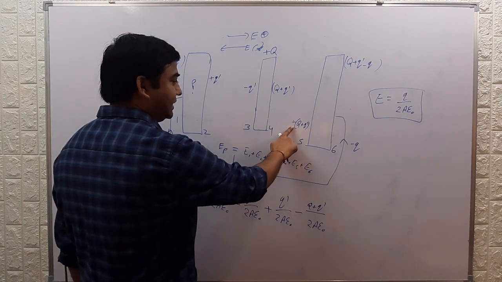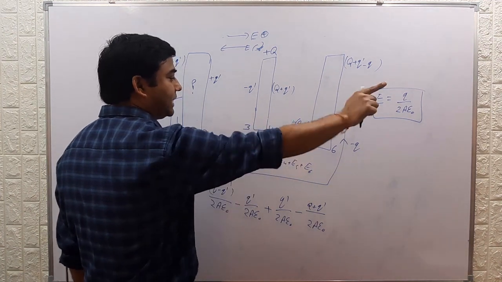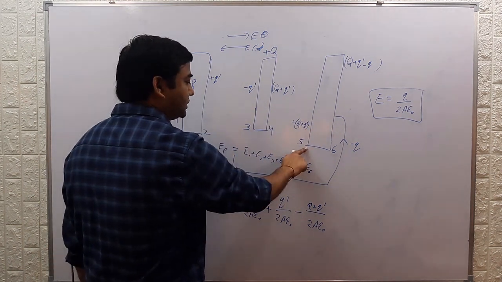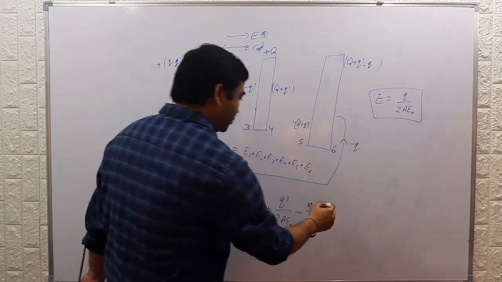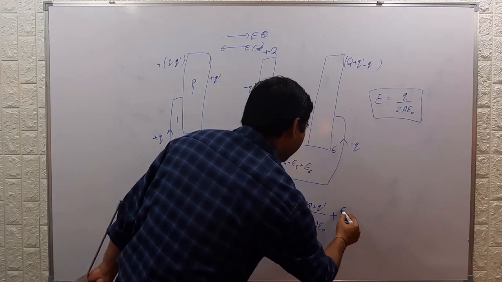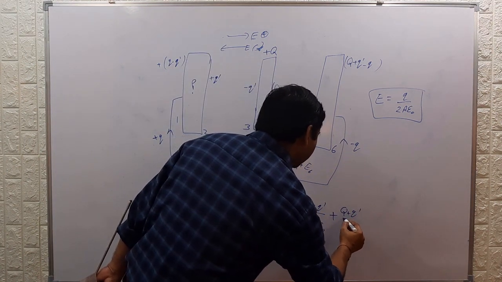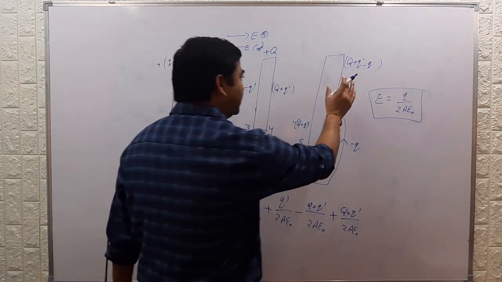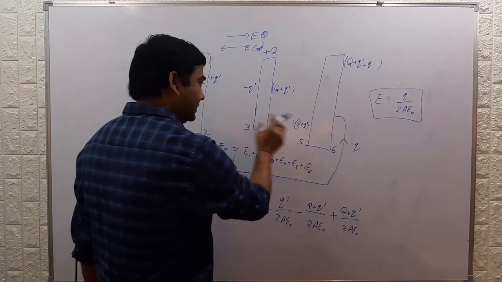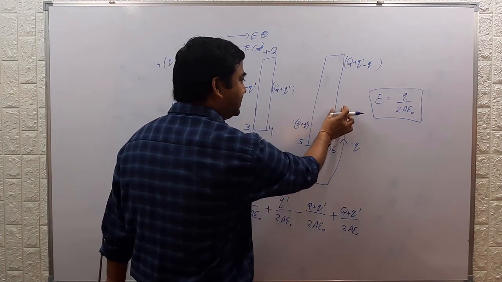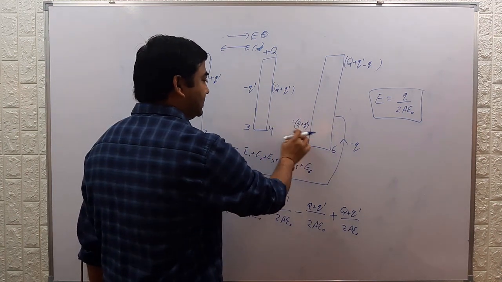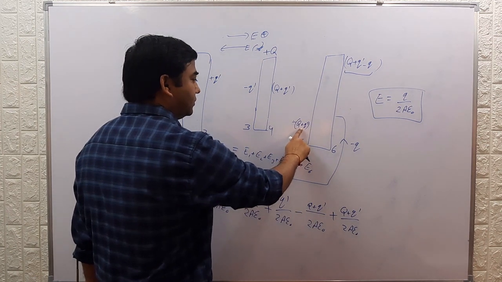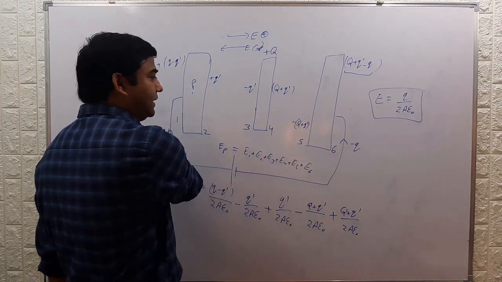Now E5. This is negative charge, Q plus Q dash, so the electric field will be in the rightward direction at point P due to surface 5. So this is plus (Q plus Q dash) by 2A epsilon 0. Similarly for this surface: this is a negative charge, so the total charge is positive, and it will create an electric field in the left direction.